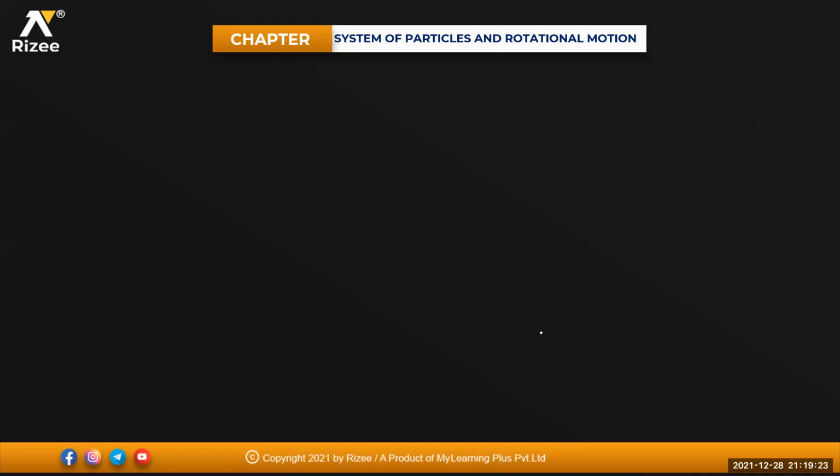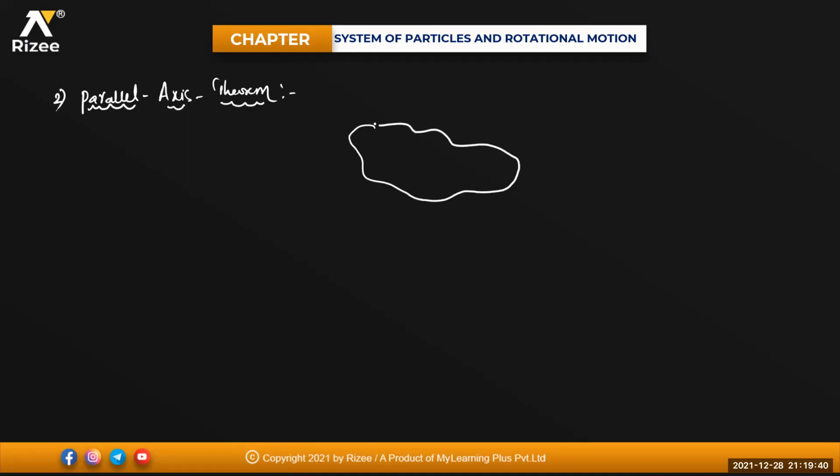Next one. Parallel axis theorem. In this one, if this is some rigid body, say suppose the center of mass of this body is somewhere here. This is an axis which is passing through the center of mass.